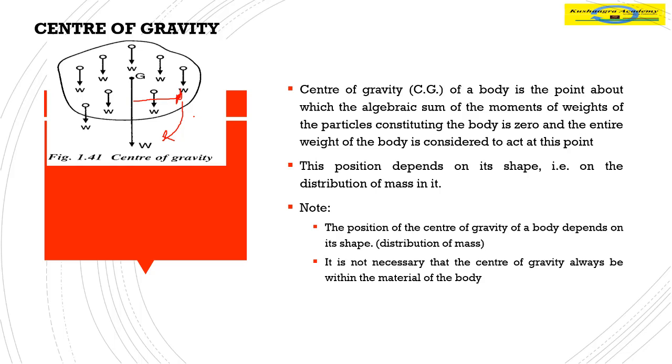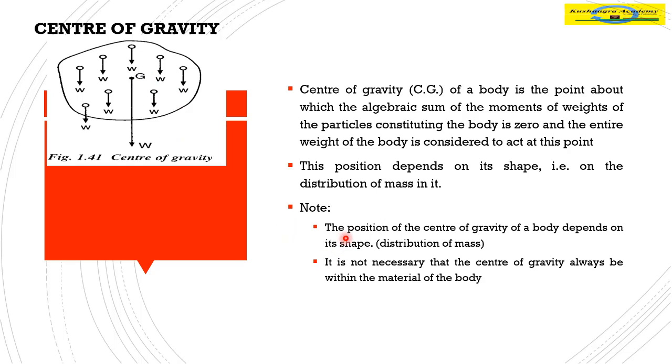All clockwise and all anti-clockwise won't be equal. So this G will have to shift, say, somewhat here. So the new center of gravity will be shifted a little towards right, so that all the sum of the clockwise moments and all the sum of the anti-clockwise moments comes to zero.